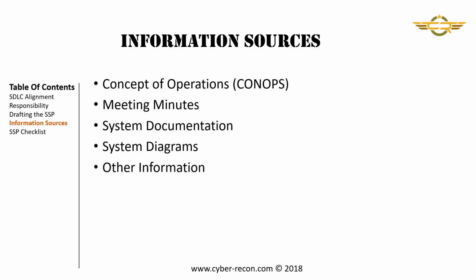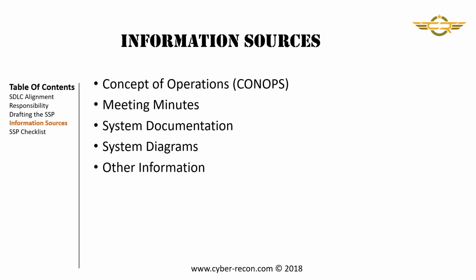In some cases, finding all the information you need about the system is going to be a challenge. You may be reviewing documents and talking to people for quite a while. Some key documents you can look to are the concept of operations documents, meeting minutes, system documentation, diagrams, and other available information.